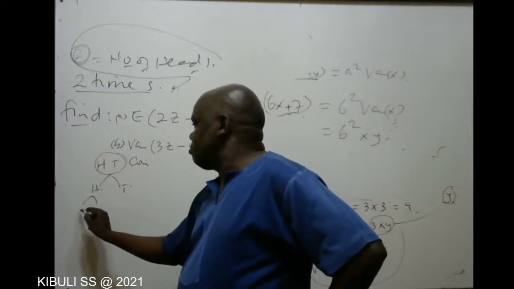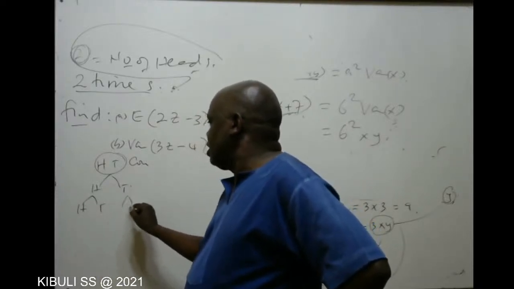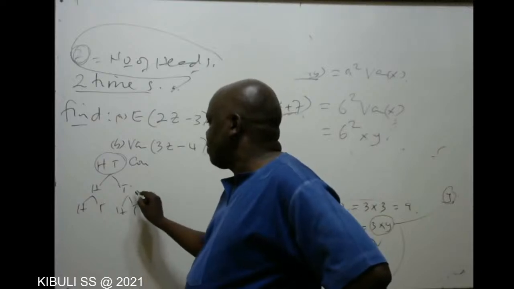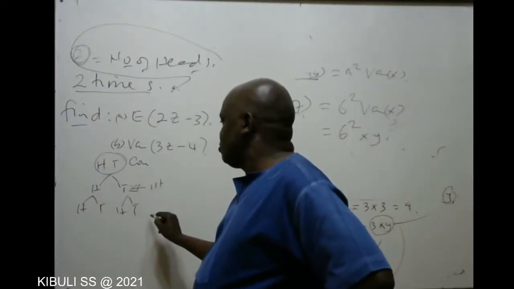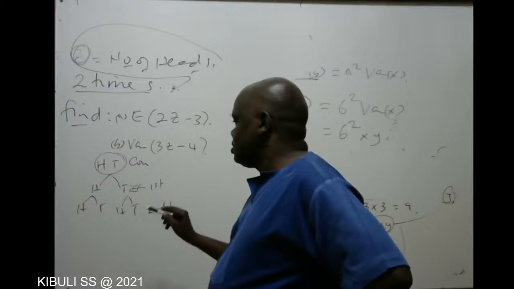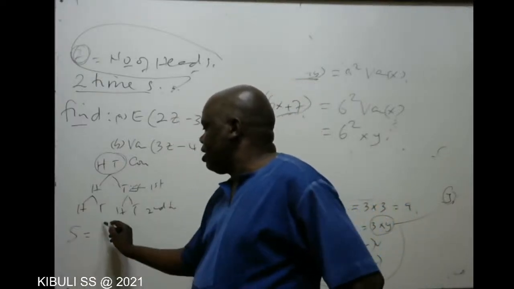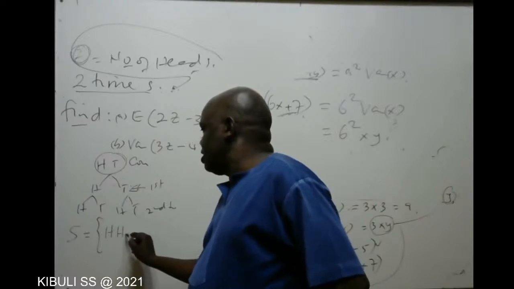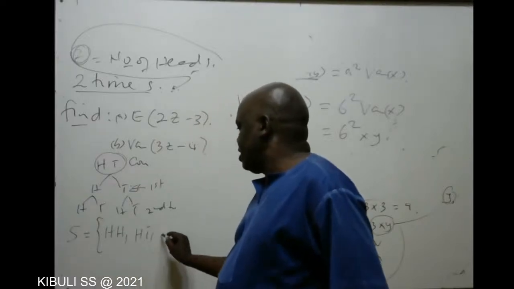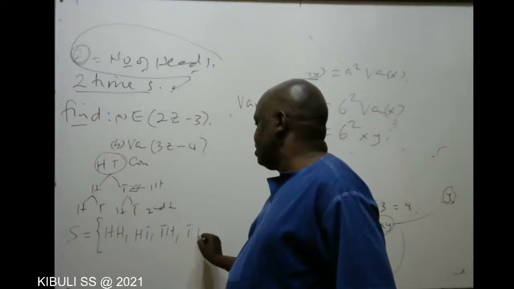The second tossing we get a head or a tail. This is the first toss. This is the second toss. That means our sample space shall be equal to our head and a head, our head and a tail, our tail and a head, our tail and a tail.